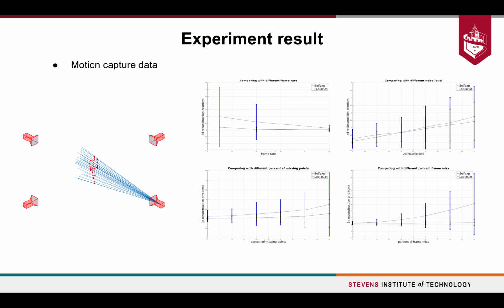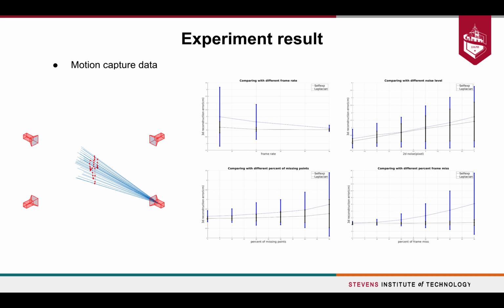First, we show we have a big advantage when the frame rate is lower, where self-expressive has a very big error and we have better reconstruction. Under different noise levels, we are at least as good as theirs, and actually a little bit better.